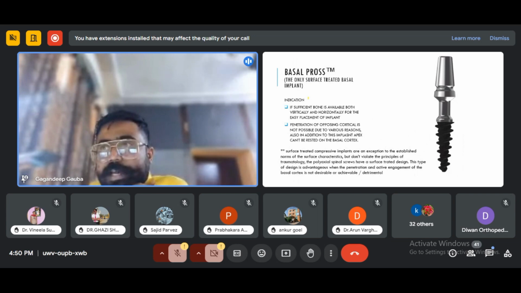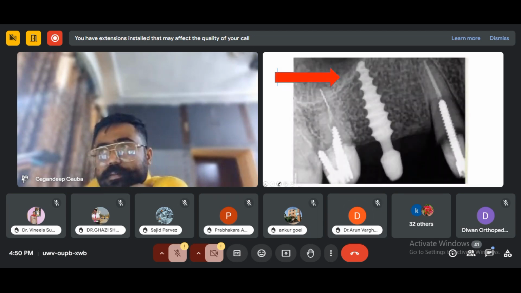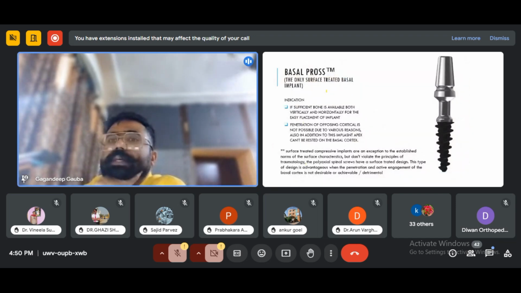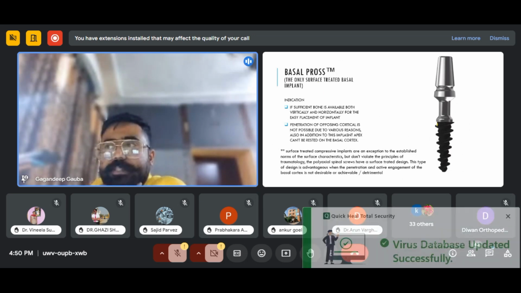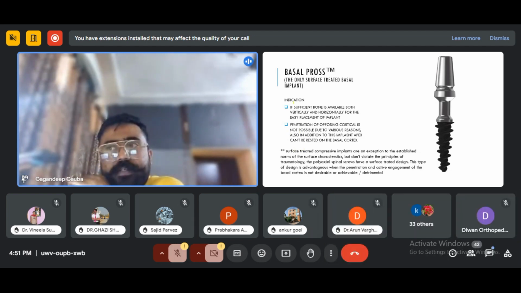So, what is the indication of this? Previous slide, please, sir. Previous slide with the X-ray. So the basal pros, this is a rough surface basal implant. First, a note about the rough surface.